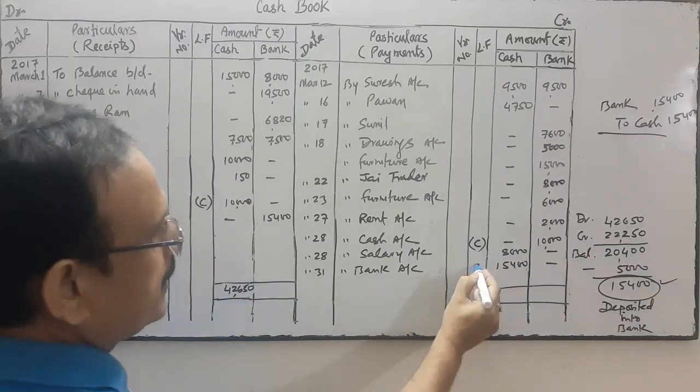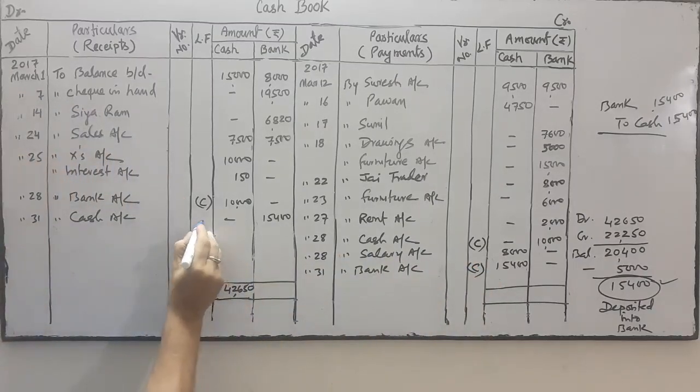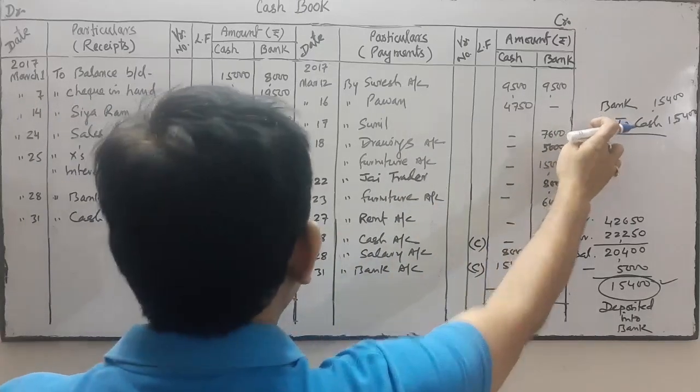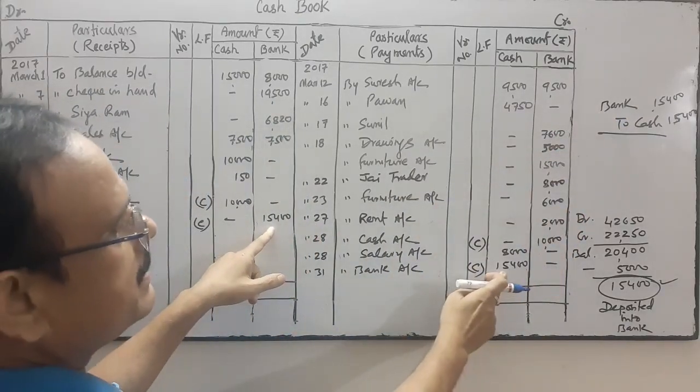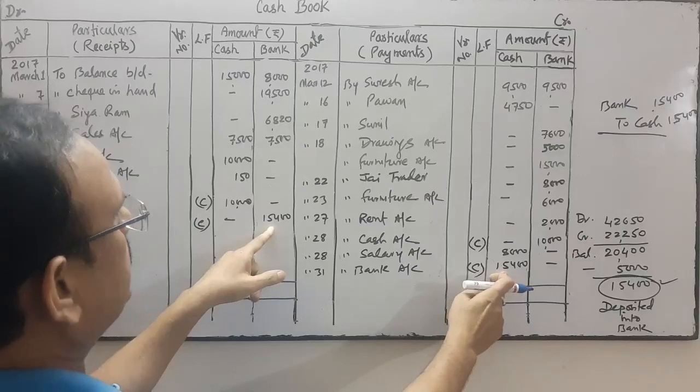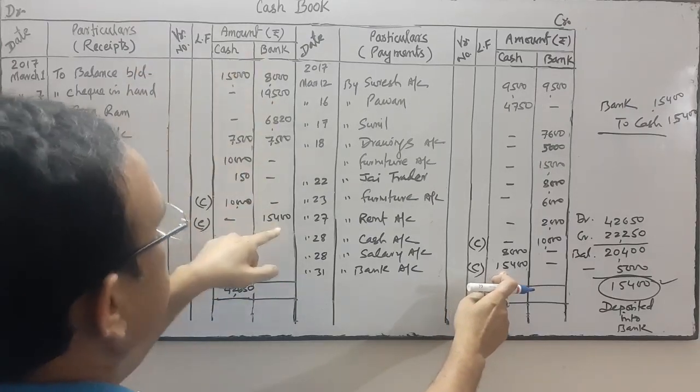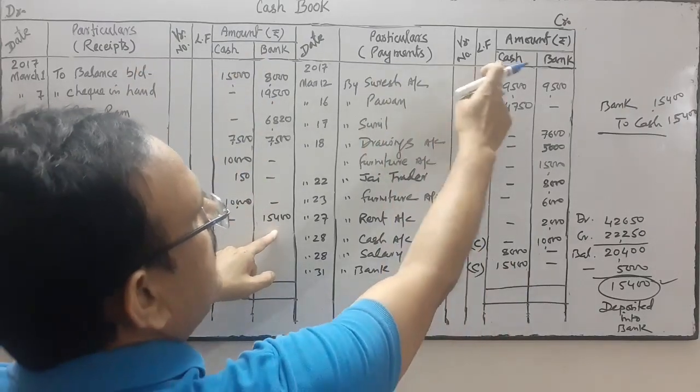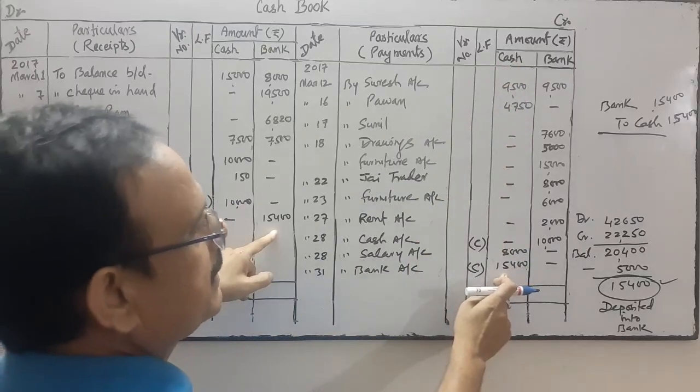This is also a contra entry, on both sides in the cash book. Bank is increasing, cash is decreasing. On the receipt side the bank balance is increasing, and on the payment side the cash balance is decreasing by the same amount.